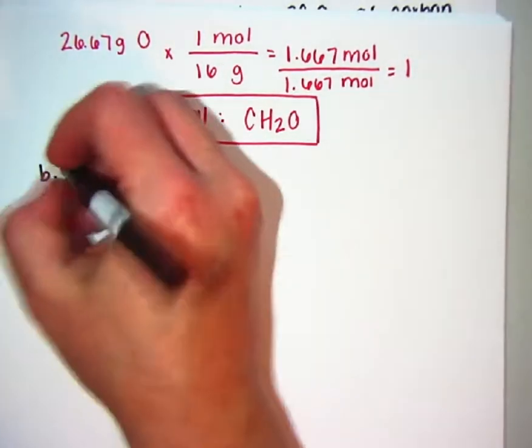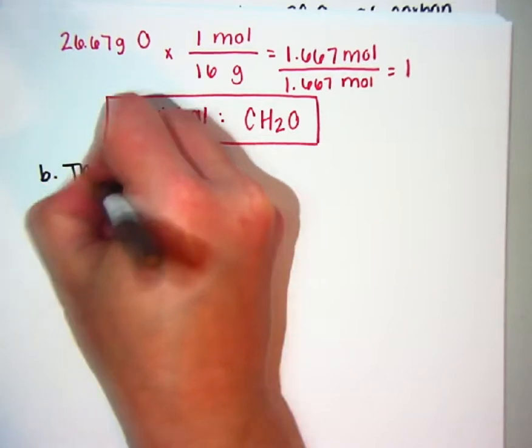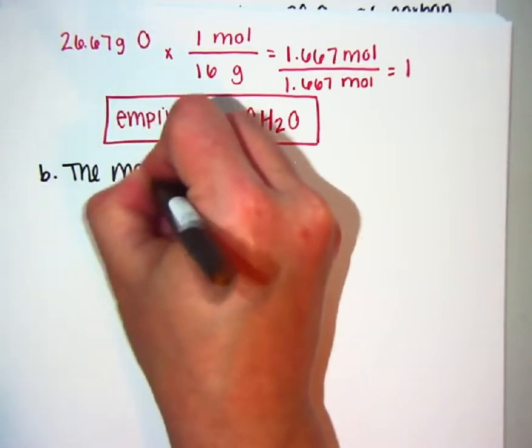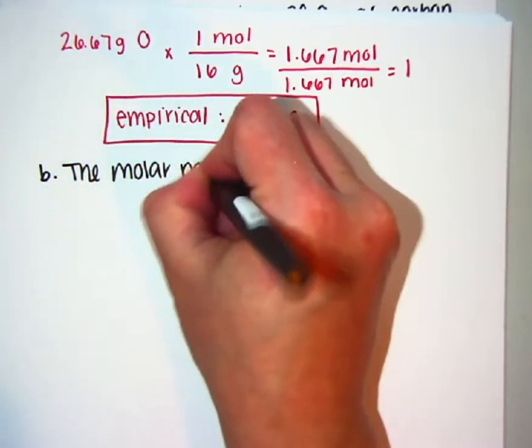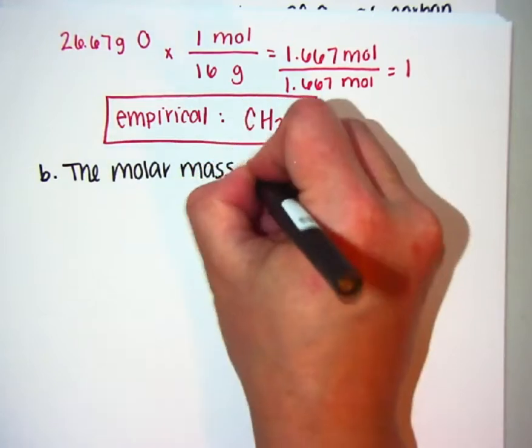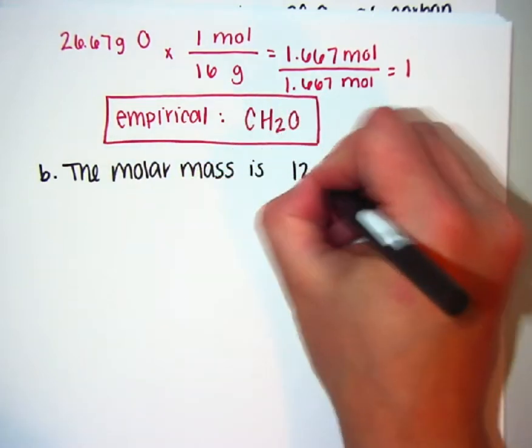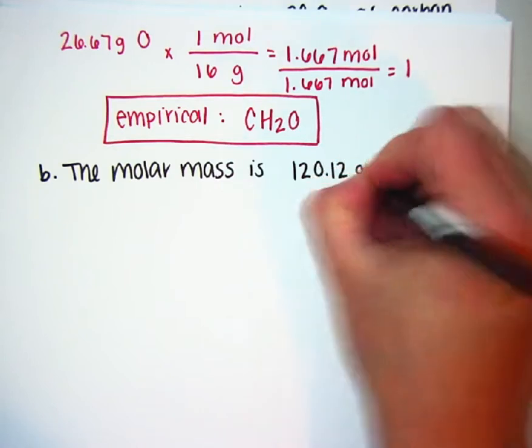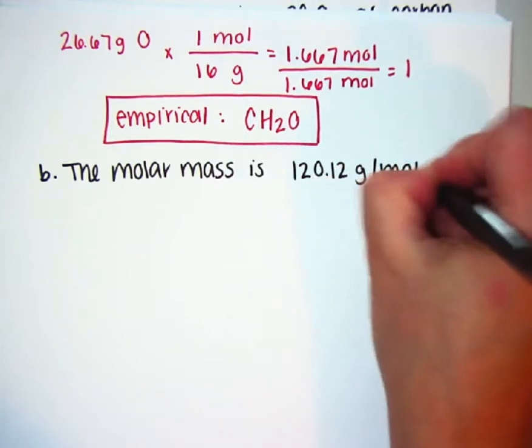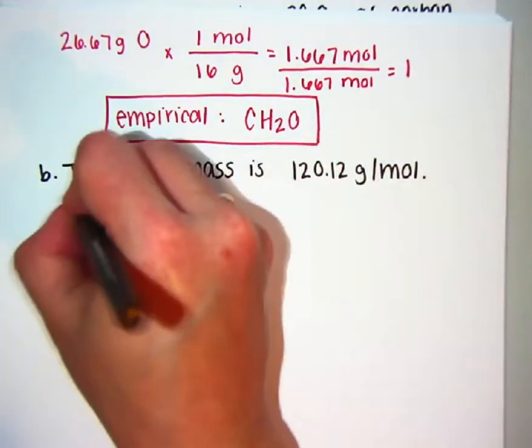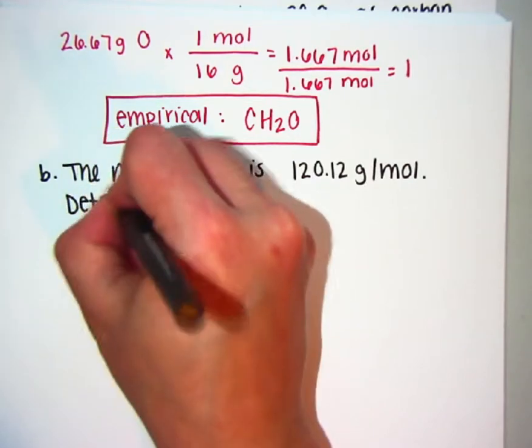Now let's figure out the molecular. The molar mass is 120.12 grams per mole. Determine the molecular formula.